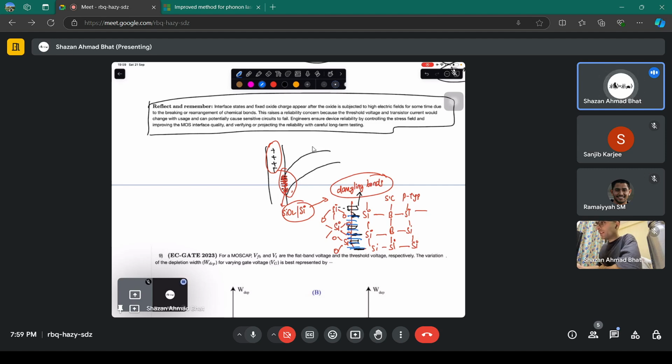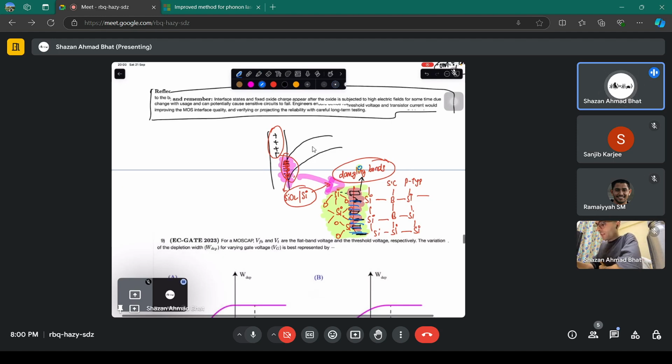If you have energy states, electrons can stay there, holes can stay there, and it messes up the system. That's why the study of these interfaces is very essential for semiconductor physics and the whole electronics industry. This is still an open research problem. We can model it, but we cannot perfectly model it yet.